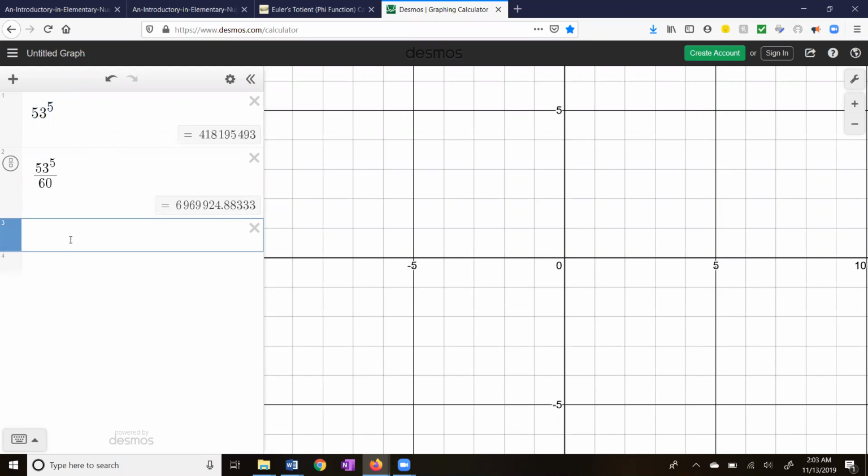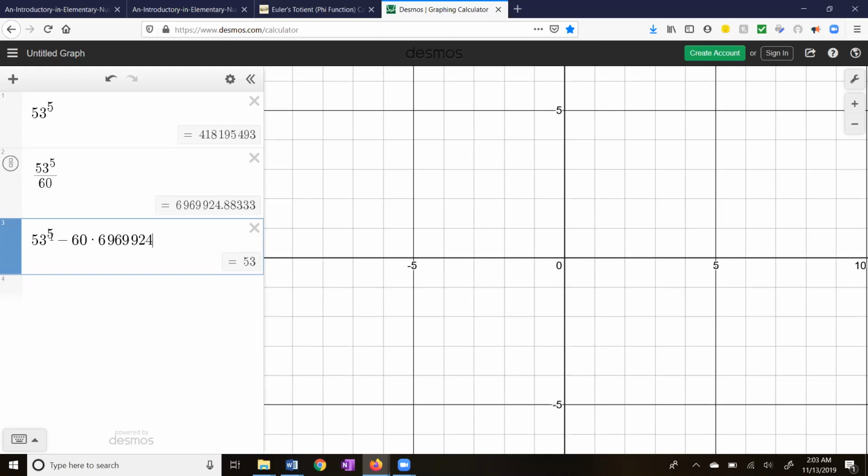In order to get the remainder, I'm going to take 53 to the 5th power, and I'm going to subtract off a multiple of 60. 6969924. That's interesting. I got a remainder of 53. That's a little bit unexpected, but that's okay.